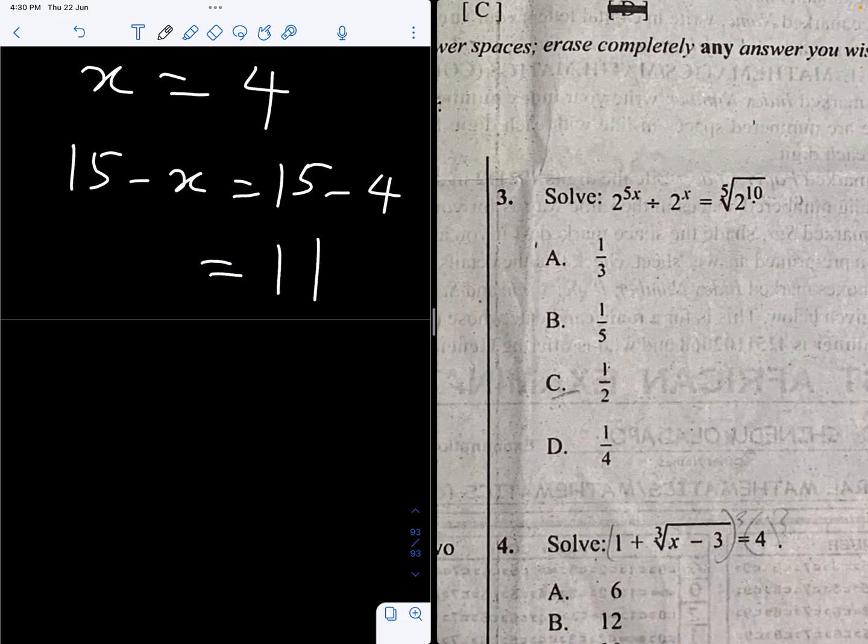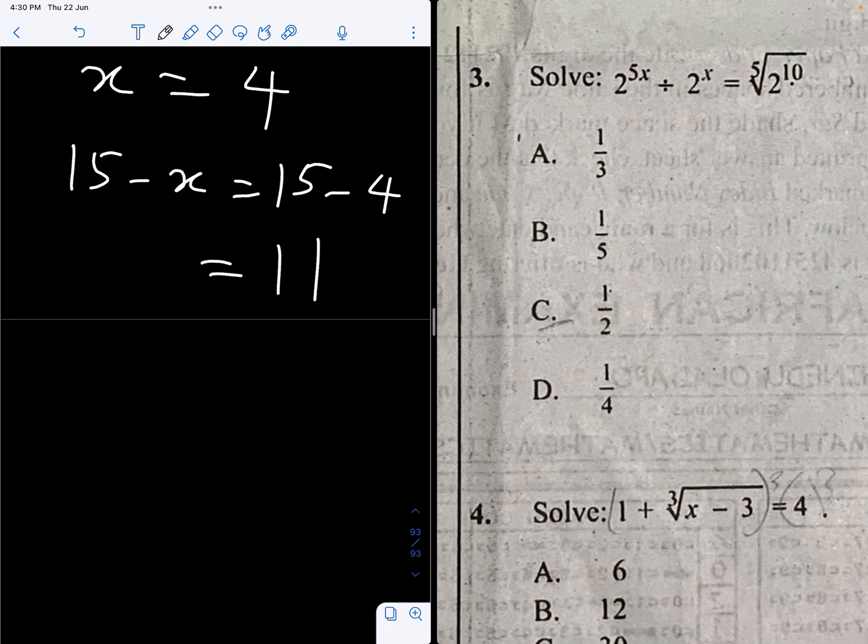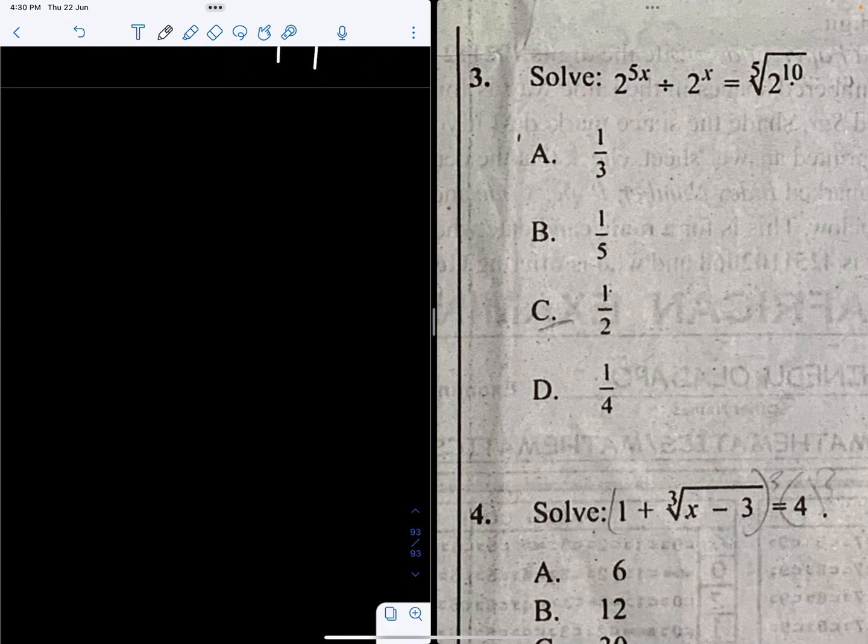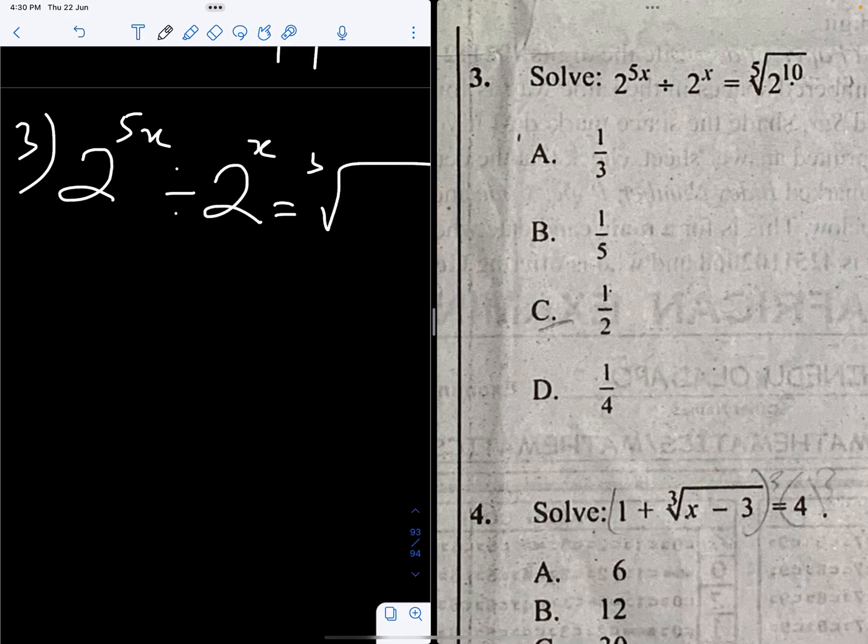What does that say? Number 3, solve 2 raised to the power 5x divided by 2 raised to the power x equals the 5th root of 2 raised to the power 10.